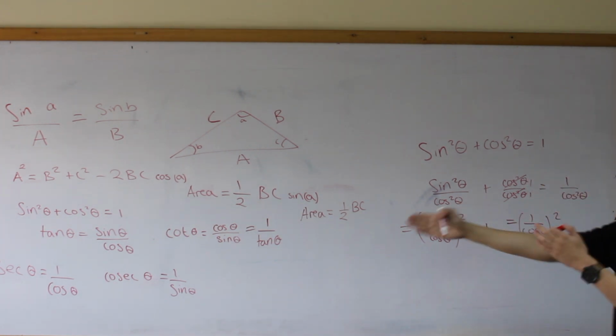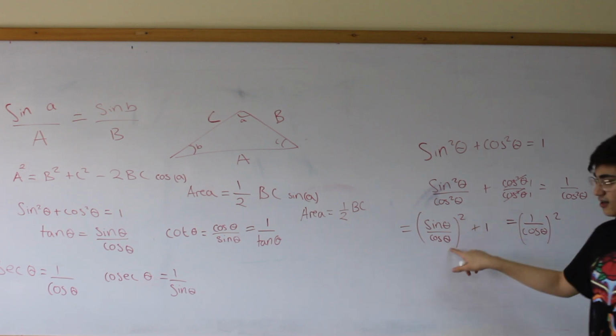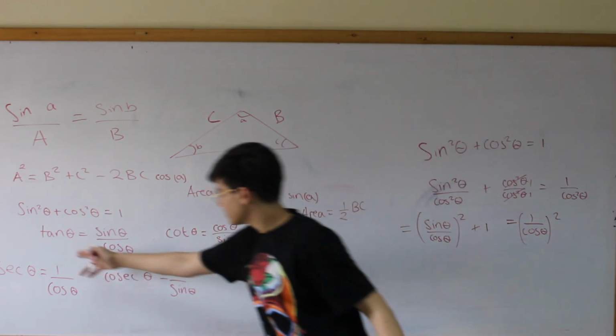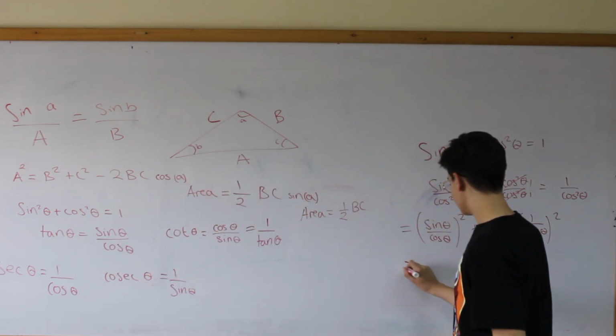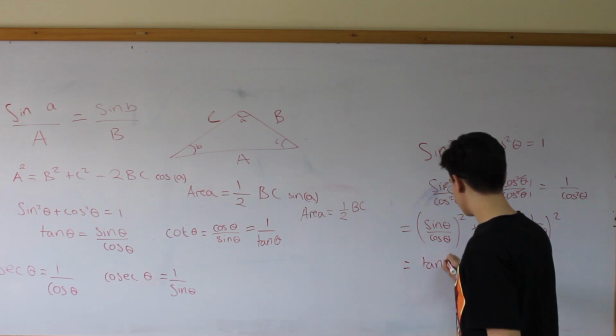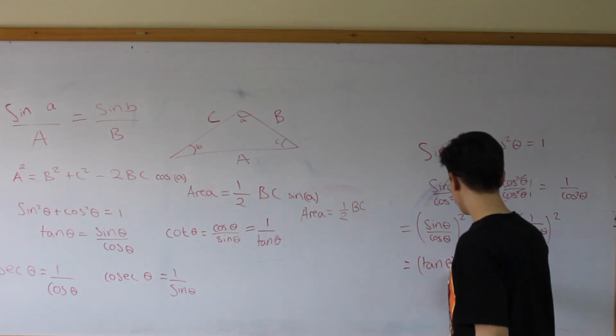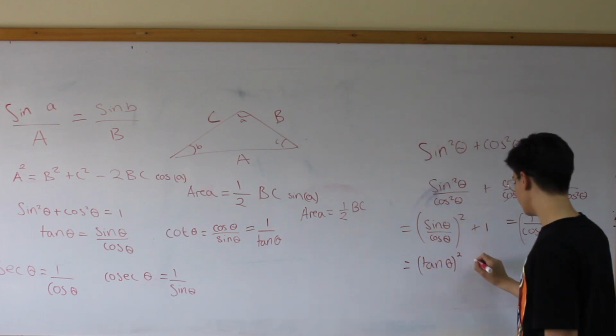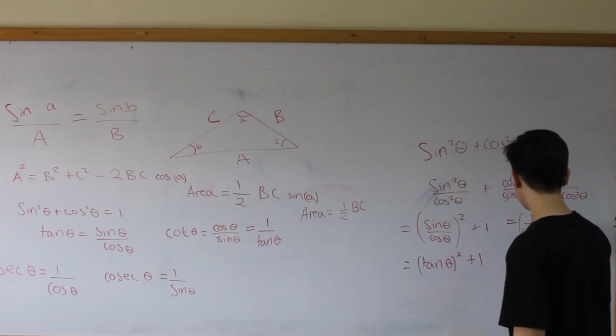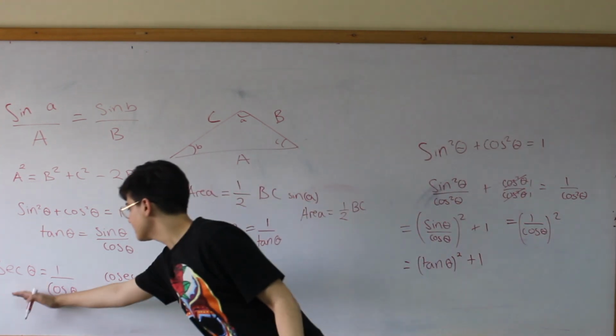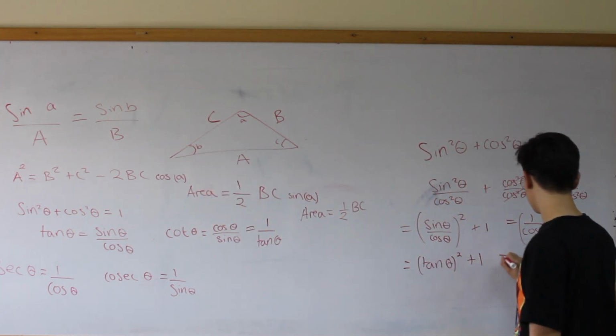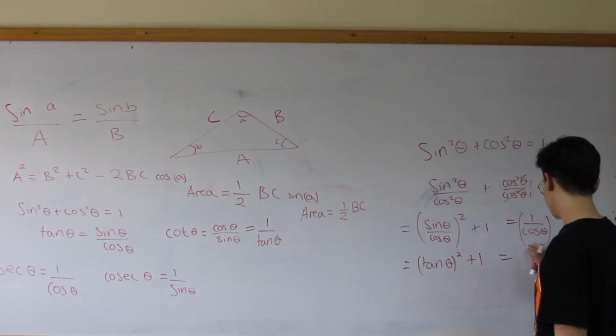And looking back at the identities we already derived, sine theta over cosine of theta is known as tan of theta. So it's tan theta squared plus 1. And this 1 over cosine of theta is known as secant of theta, so it's secant of theta squared.